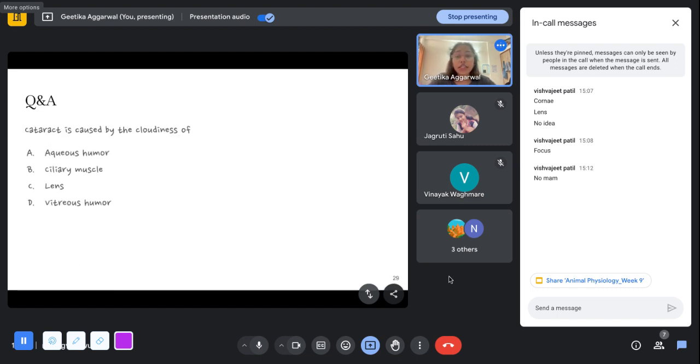Cataract is caused by the cloudiness of what? Lens. Correct. Other people can also answer if you are actually listening to the class. So cataract is caused by the cloudiness of the lens. A person with a 20 by 50 vision has what?